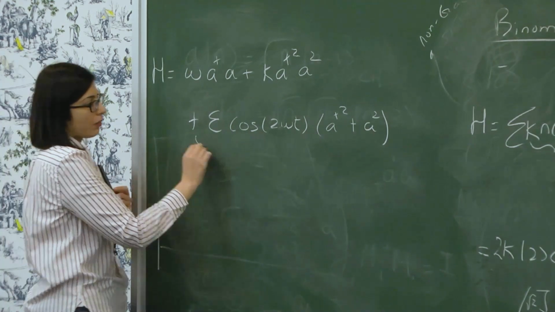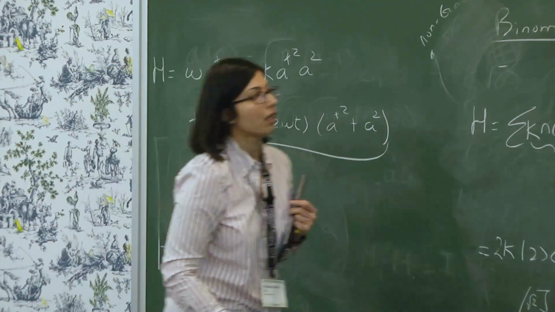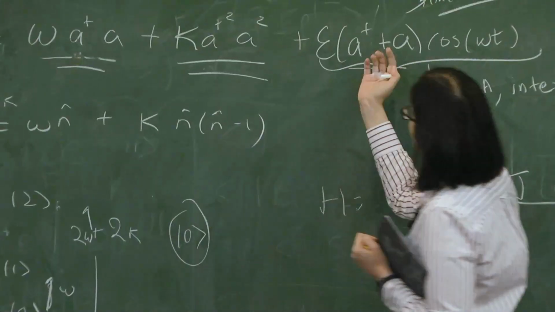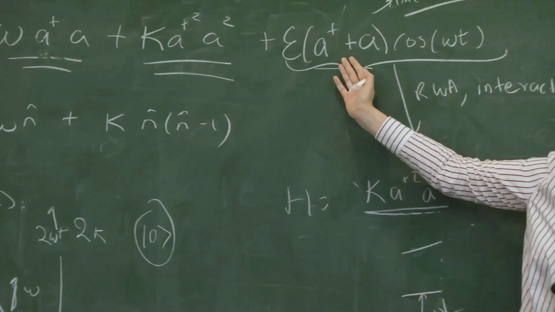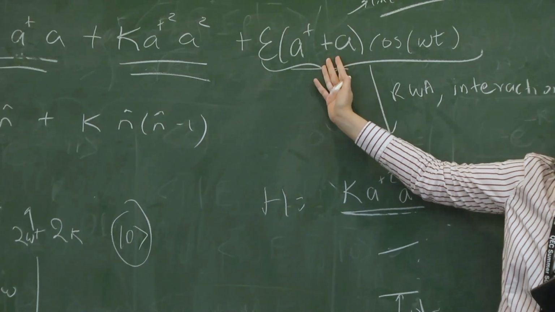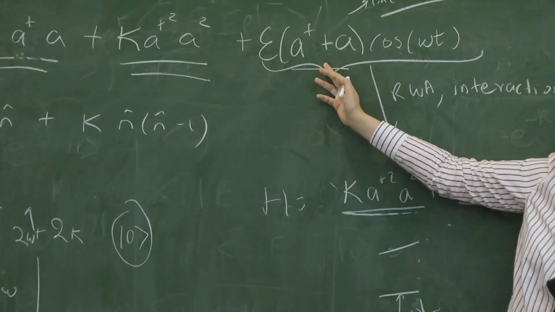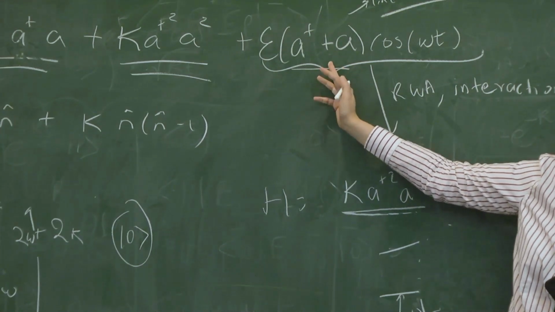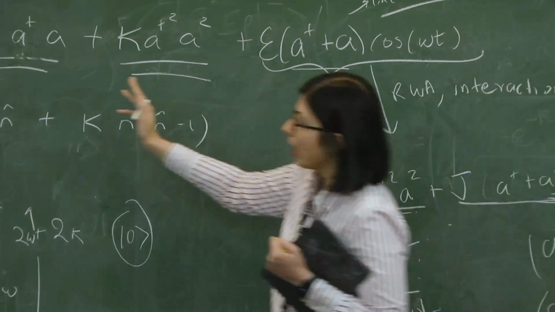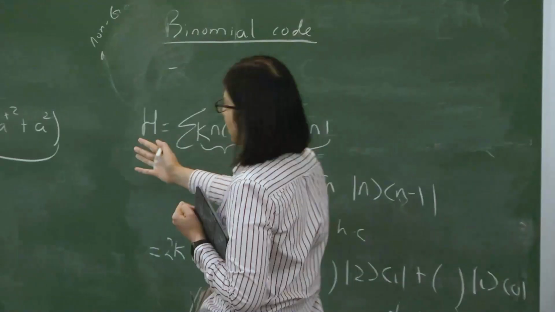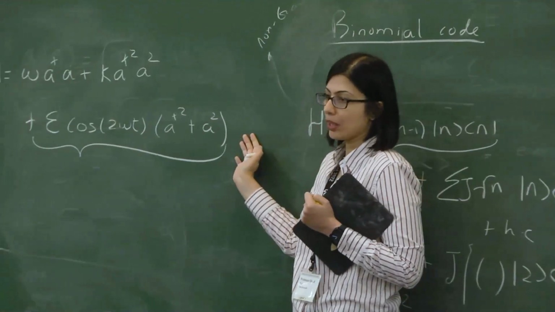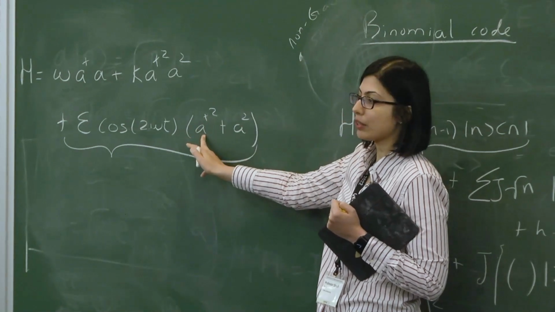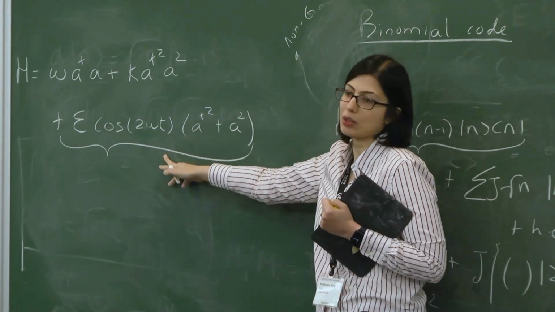So notice the difference, this versus this one. This one can only add or subtract photons by 1. So basically, you are exchanging 1 photon at a time with your laser or whatever. Here, though, you are able to add or subtract 2 photons at a time. This term will, for example, take you directly from 0 to 2, 2 to 4, and so on.